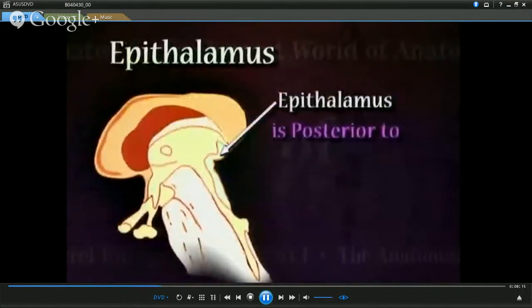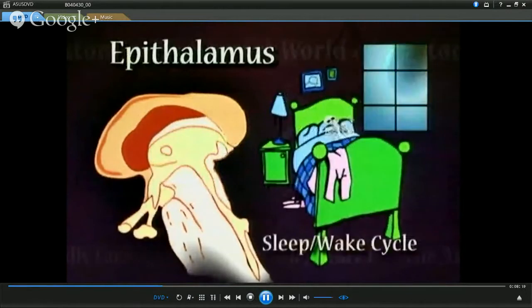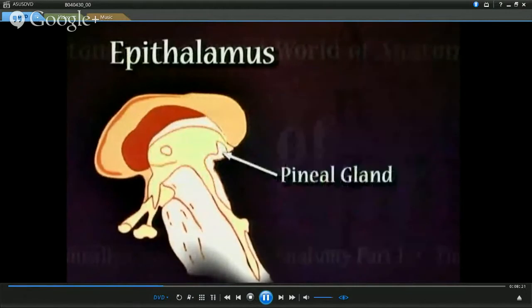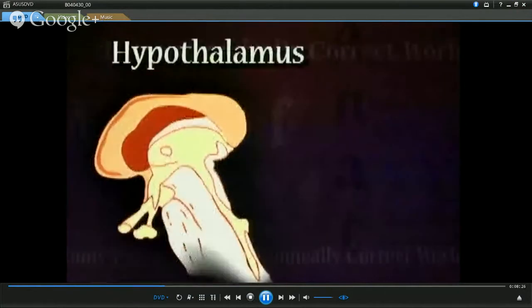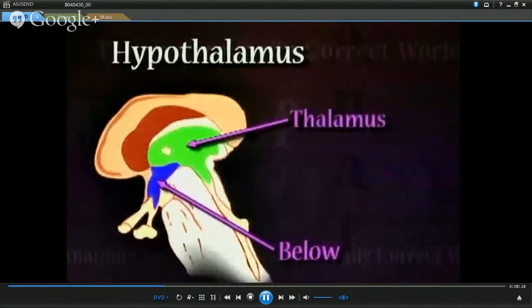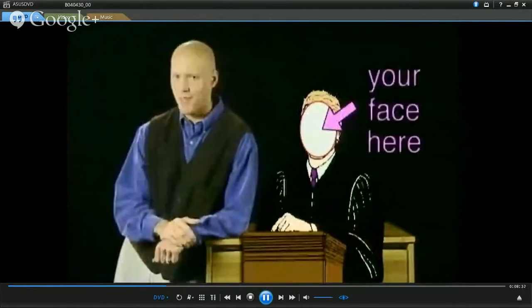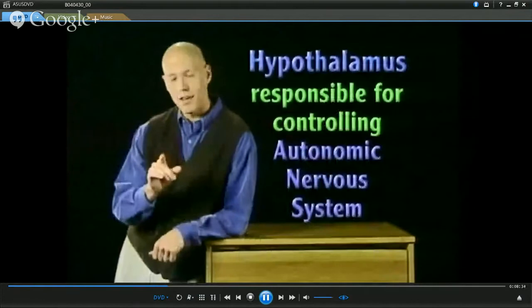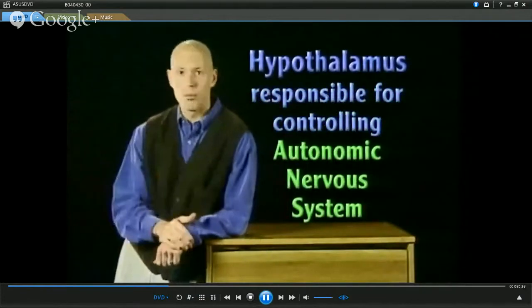The epithalamus is posterior to the thalamus. It's involved in the regulation of the sleep-wake cycle because it contains the pineal gland, which produces the hormone melatonin. The hypothalamus is just below the thalamus. Is the hypothalamus important? Well, why don't you be the judge? The hypothalamus is responsible for controlling the autonomic nervous system, which we'll talk more about later.